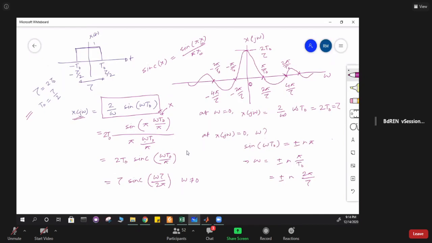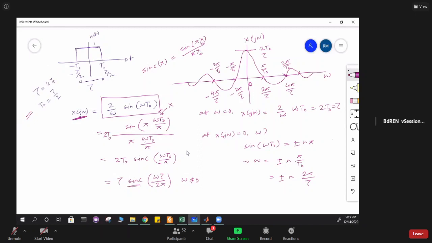Now if we want to calculate X(j omega), what are the things that we need? Using the sinc function, because we'll be calculating other things also. If we want X(j omega) in terms of sinc function, we need to create a user-defined function of sinc.